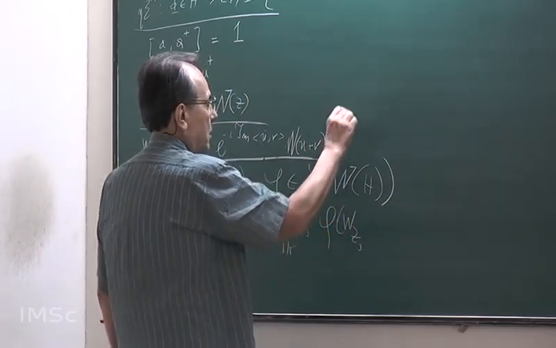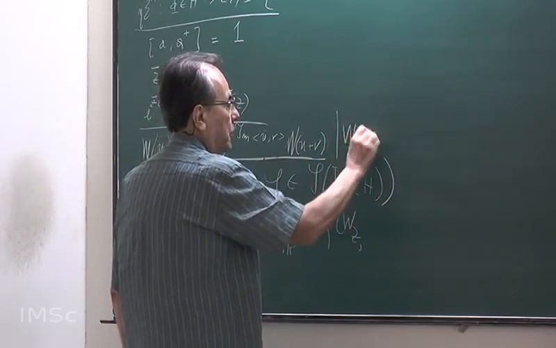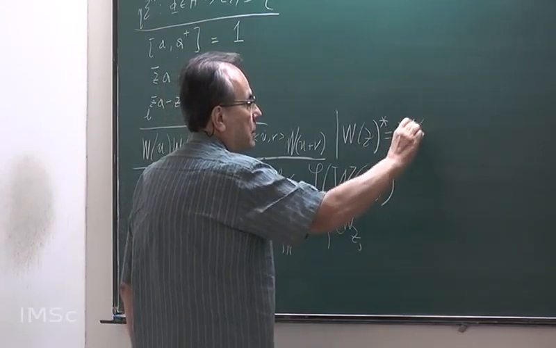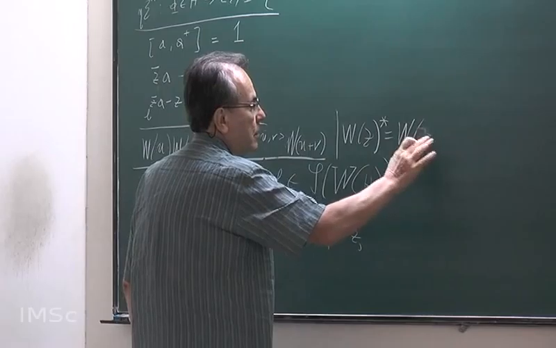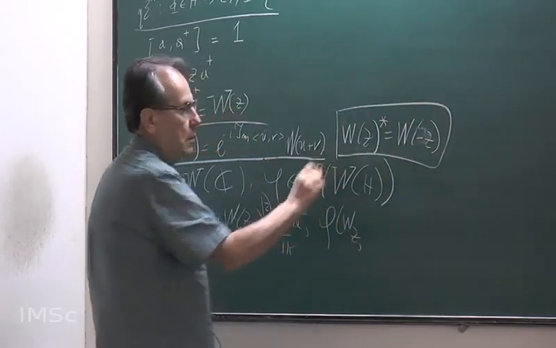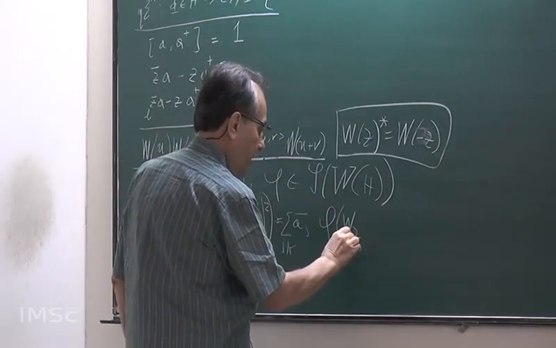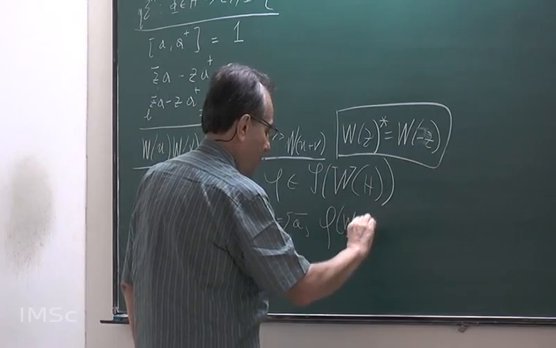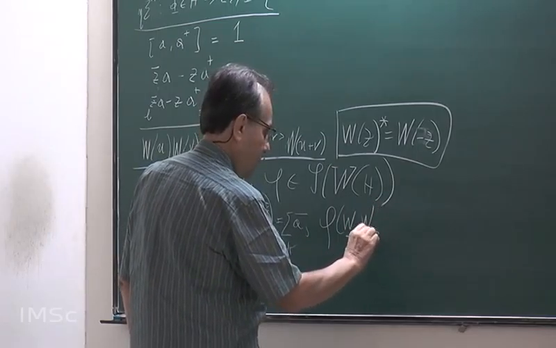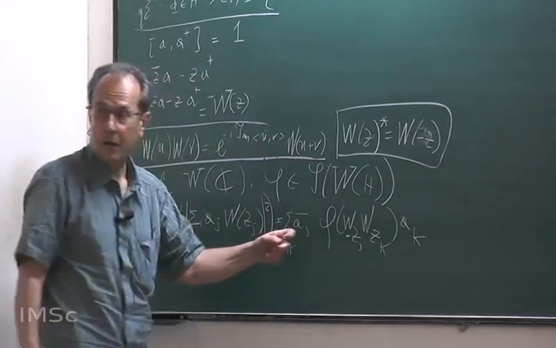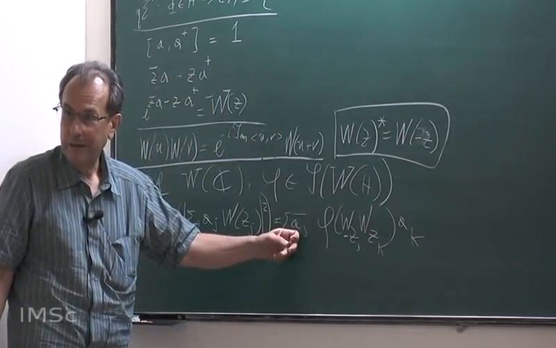Well, there is another important relation. I didn't write it, but this is clear. These are unitary operators, and the inverse is this one. So I will put directly minus zj here, and W(zk) ak. The a are complex numbers, okay?